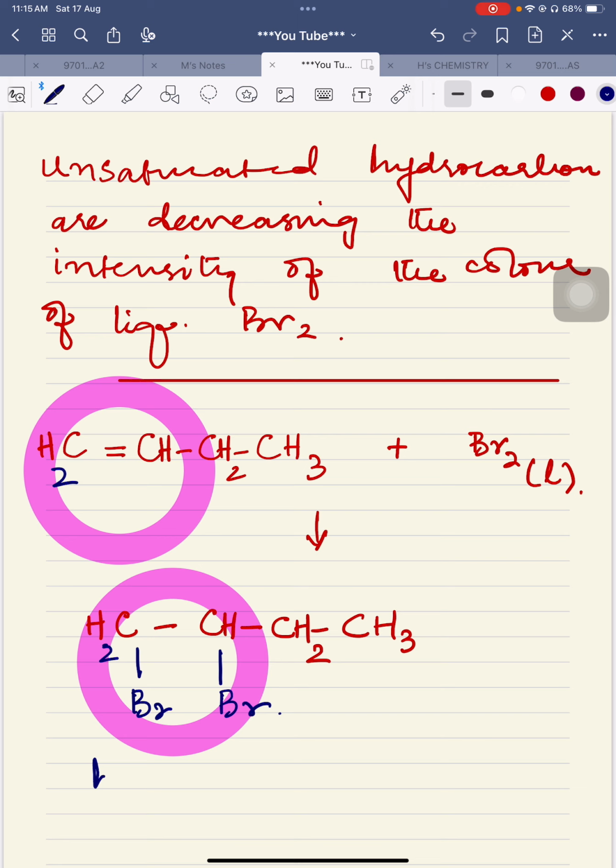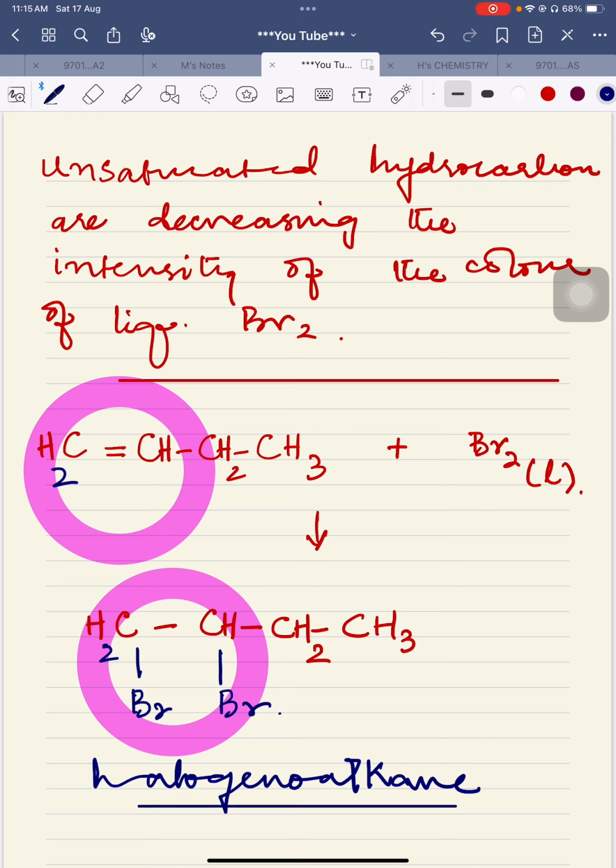Okay, so this is called halogenoalkane. Is that okay right now? So this is how we are going to find this thing, that after reaction with liquid Br2, we can say this thing that a halogenoalkane is produced. Is that clear now? If there is still a confusion or a query, I'm going to explain it further, so don't get upset on it.